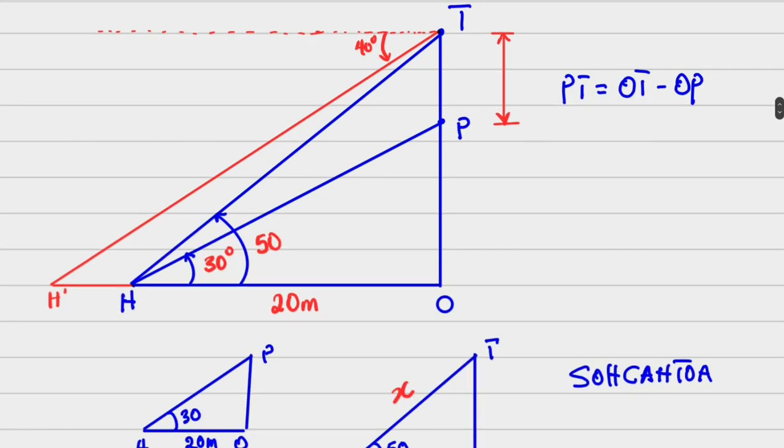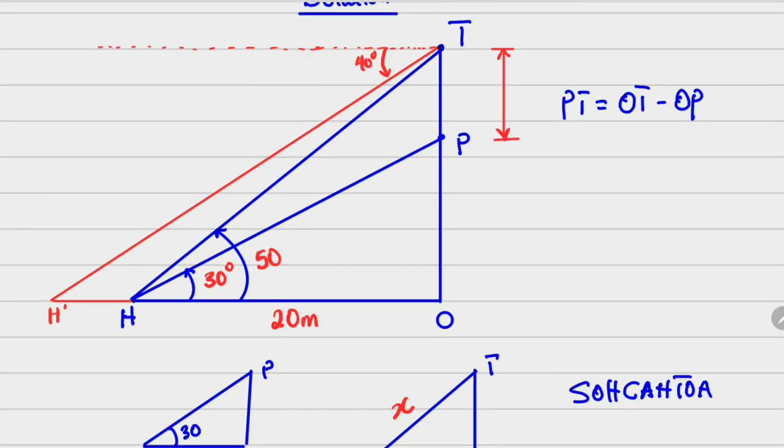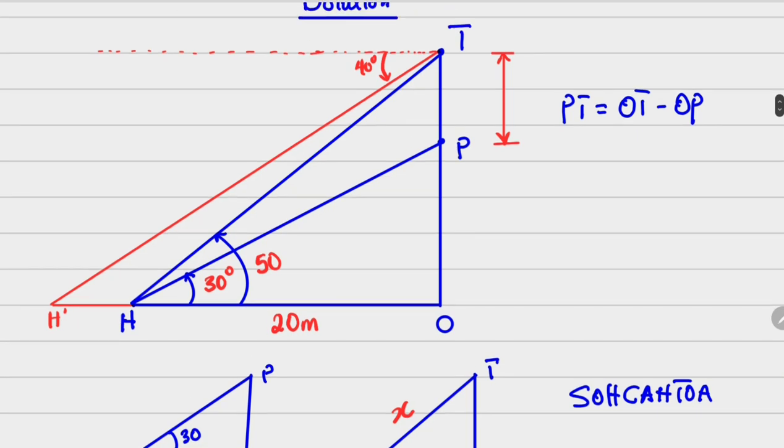So we are to look for this position now. And how do we do this? Remember, we've calculated OT already, and we have an angle. Now, once here is 40 degrees, then here must be 40 degrees, alternate angles.